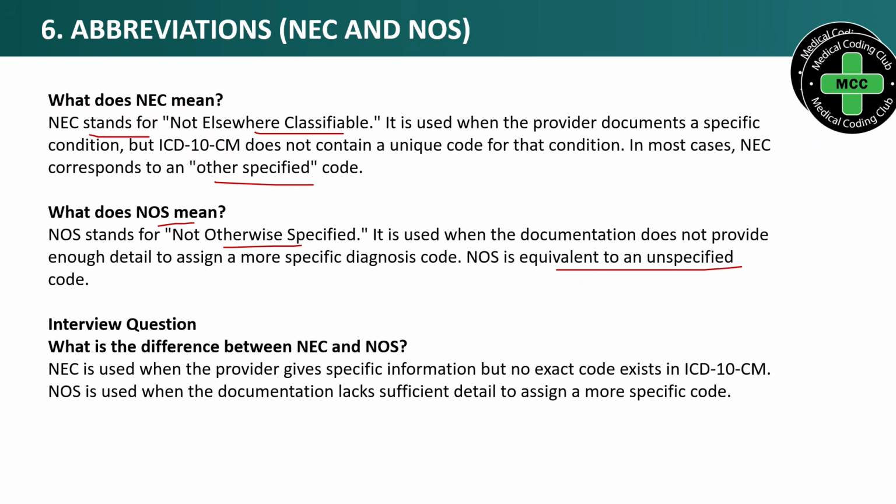You get to see a lot of examples in live classes, but here it is very hard to cover all those things. And for interviews it is a definite question. Please be aware of at least the abbreviations, what NEC and NOS stand for, and some details about them.